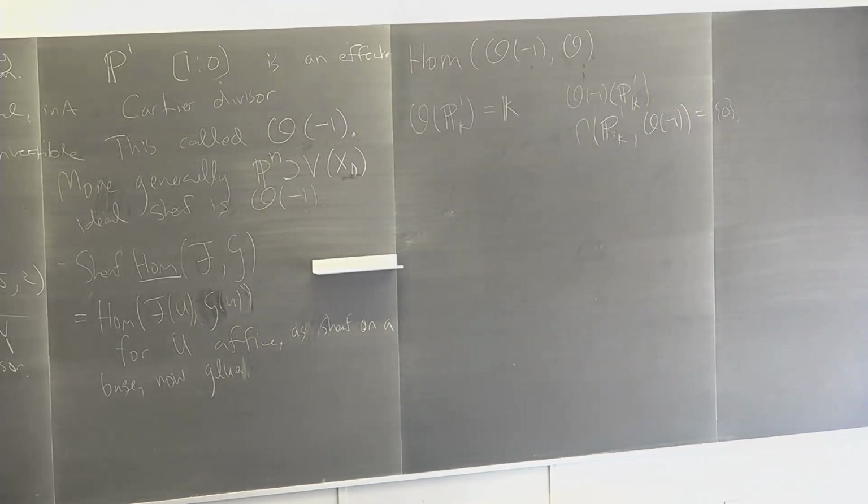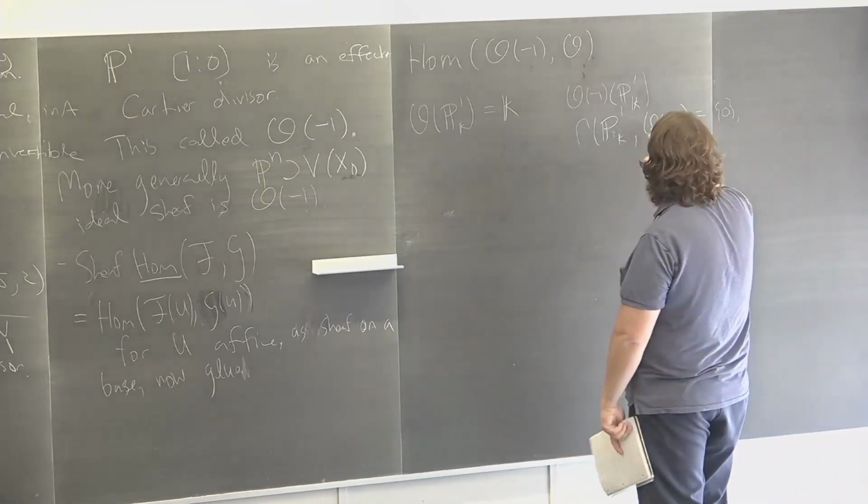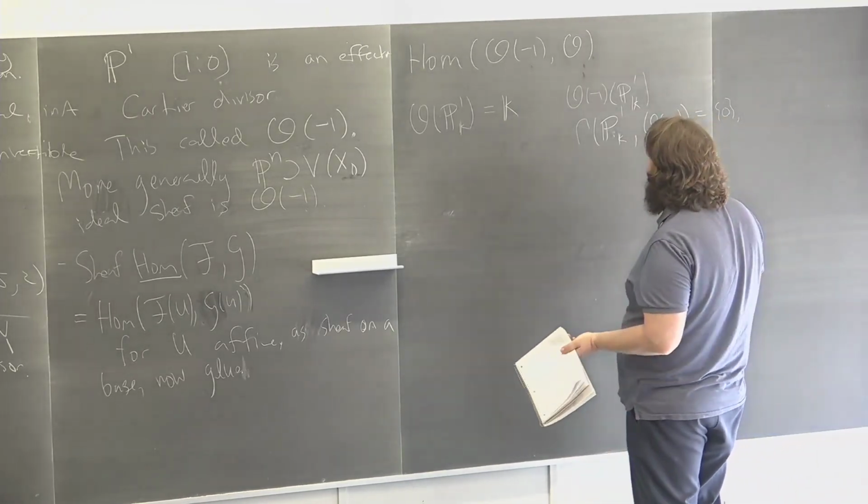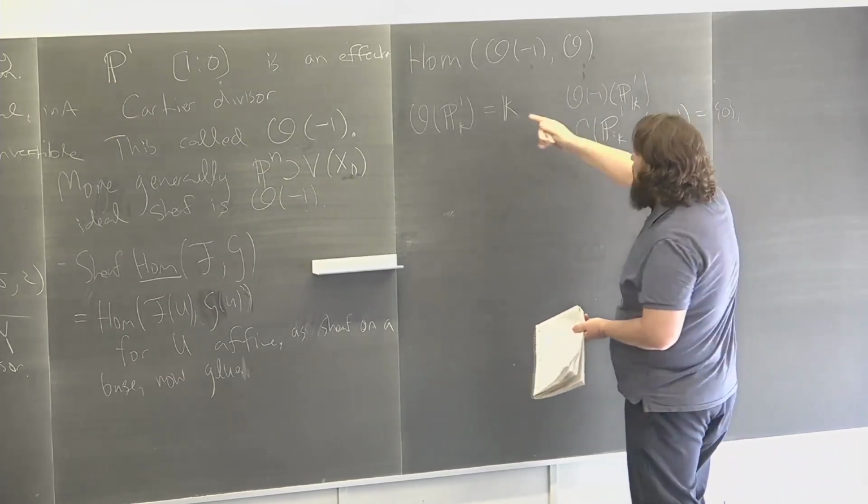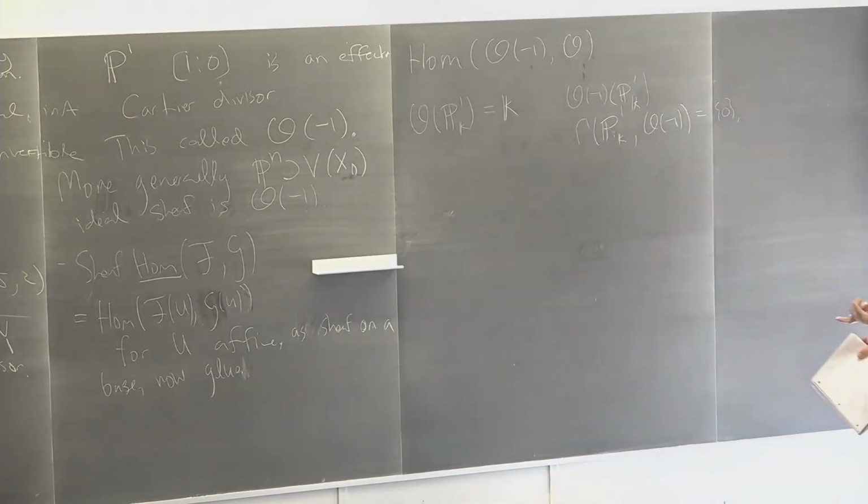So you might say, oh, obviously there are no homs from here to here. All the homs are 0, right? But if I take the hom sheaf, obviously it's not 0.